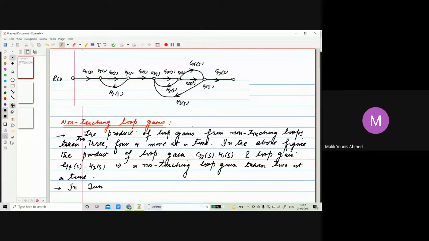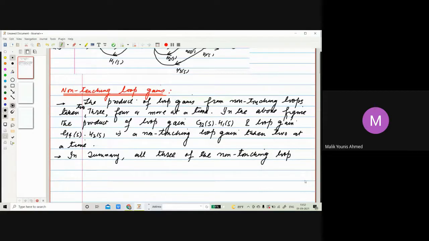In summary, we can say all three of the non-touching loop gains taken two at a time are, what are they?